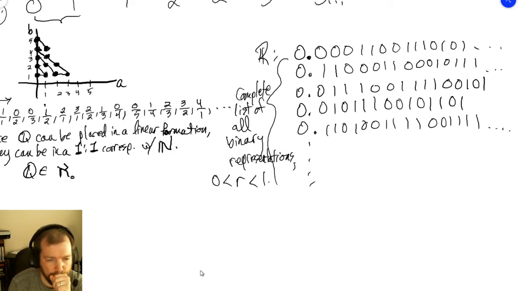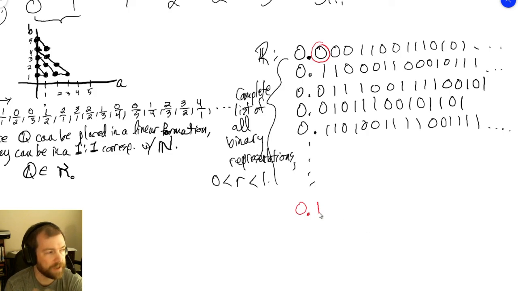if I take, now this is going to start with 0 point, obviously, because it's between 0 and 1. If I take the first element of the first number and I change it, make a 1, and put it down at the bottom.